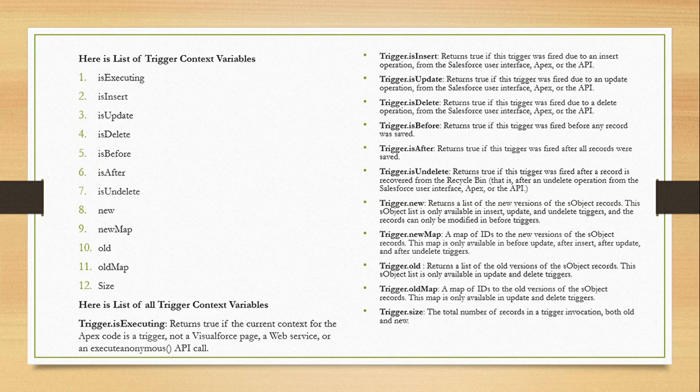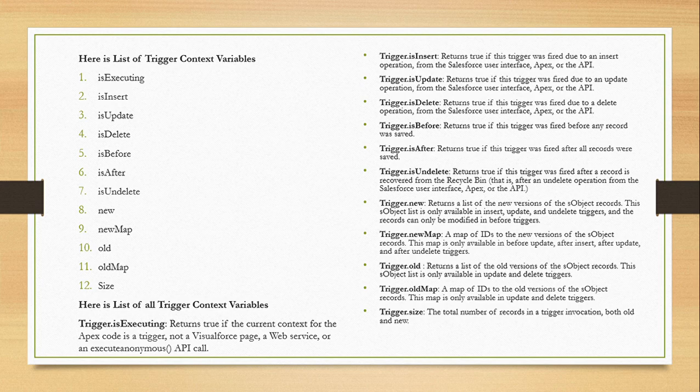Trigger.new returns a list of the new versions of the sObject records. This sObject list is only available in insert, update, and undelete triggers, and the records can only be modified in before triggers. Trigger.newMap is a map of IDs to the new versions of the sObject records. This map is only available in before update, after insert, after update, and after undelete triggers.